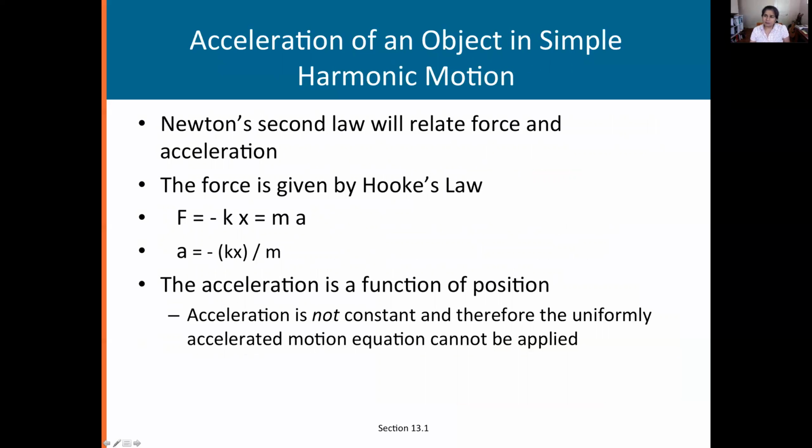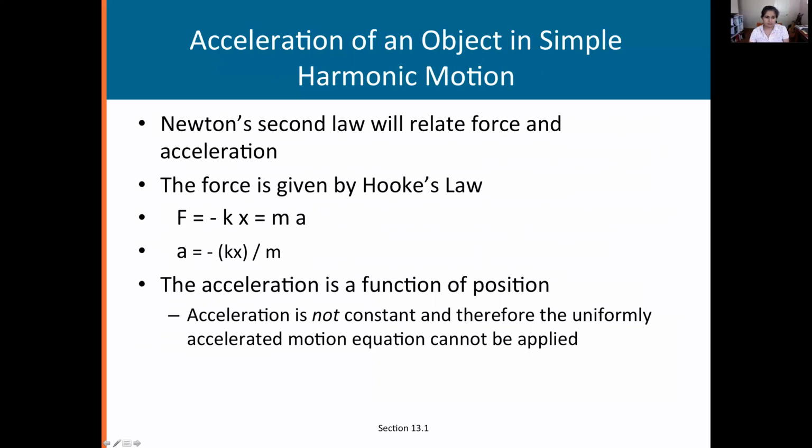Now, we can apply Newton's law to Hooke's force as well. So Hooke's force is F equals negative kx, and F is also equal to m times a from Newton's second law. This means my acceleration a equals negative kx divided by m, where x is displacement and m is the mass attached to the spring.